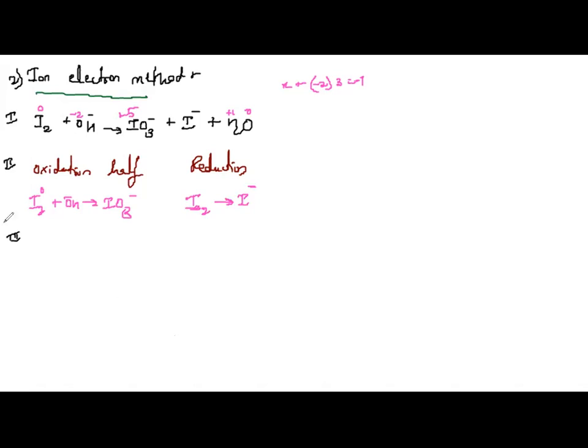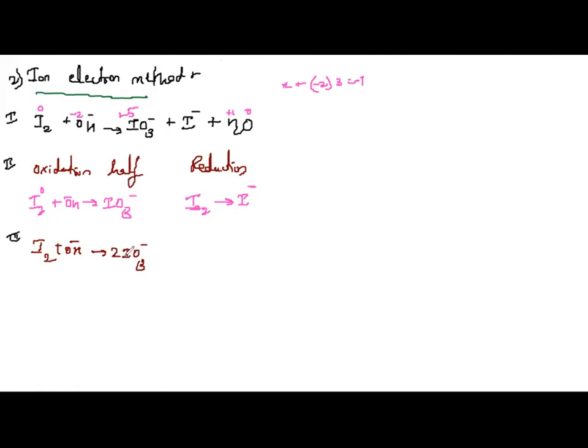So here, let us balance it and write. I2 plus OH minus gives IO3 minus. So I2 is there. I will balance here by writing 2: I2 plus OH minus gives 2IO3 minus, and how many oxygen?